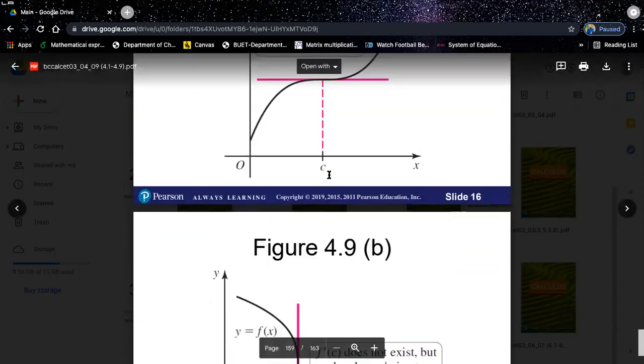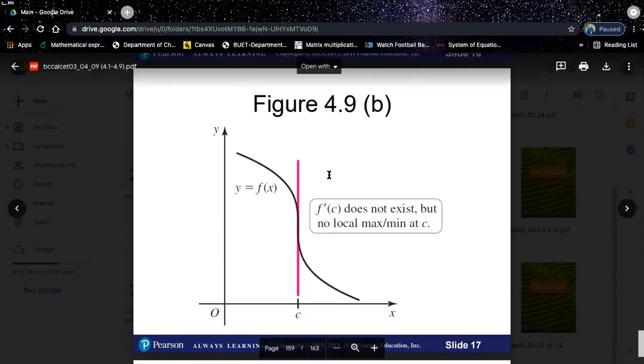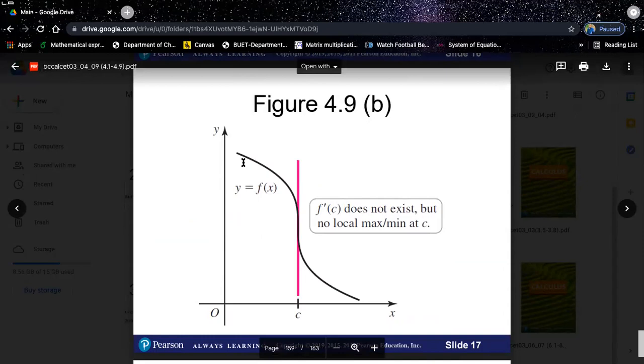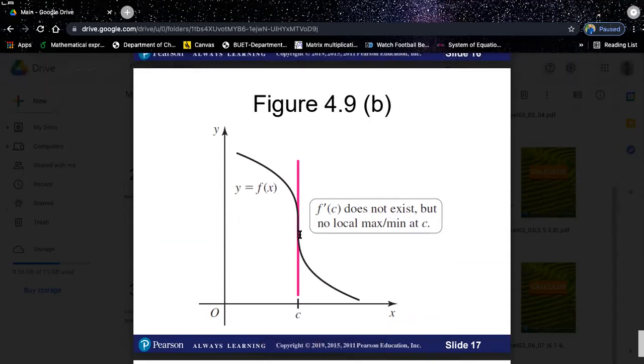Okay, one more scenario before we take a break. If you have a graph like this, it is even more interesting. Obviously, there is no local min or local max at this point, right? Because it looks like the maximum value is here and the minimum value is here. So at C, there is no min or max value.